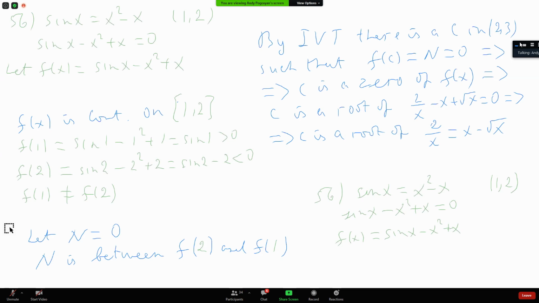Now, by intermediate value theorem, there is a C in 1, 2, such that f of C equals n, which is 0. So C is going to be a zero of f of x.